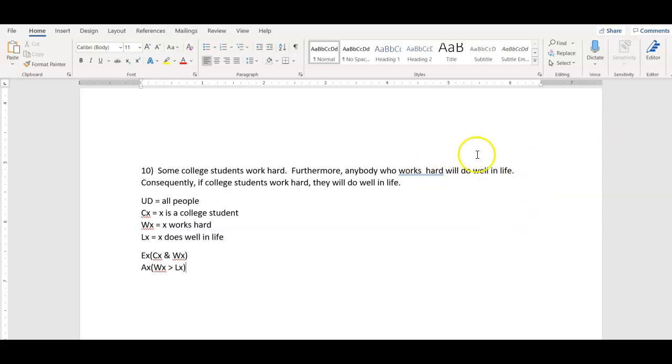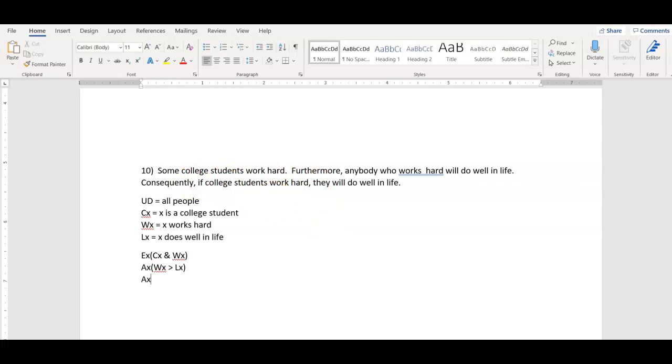So again, make sure you don't use W for both works hard and does well in life. And again, this is anybody, so it's a universal. And since we set the domain for all people, we don't need a distinct predicate for people. Consequently, that's a conclusion indicator word. If college students work hard, right?